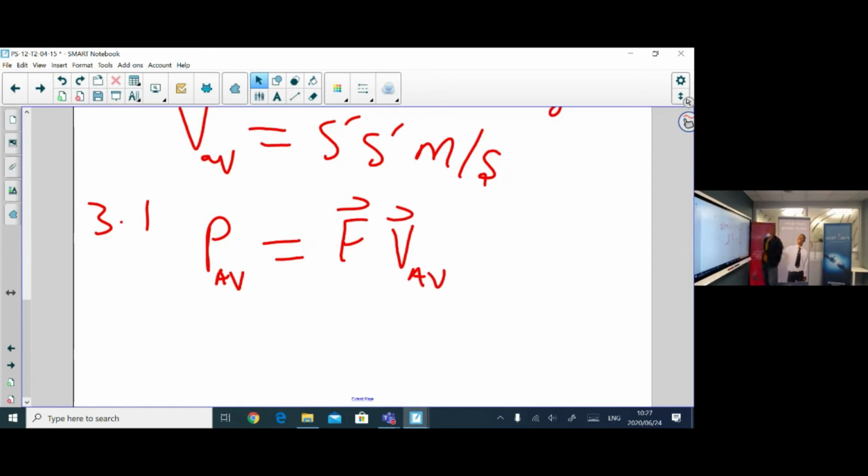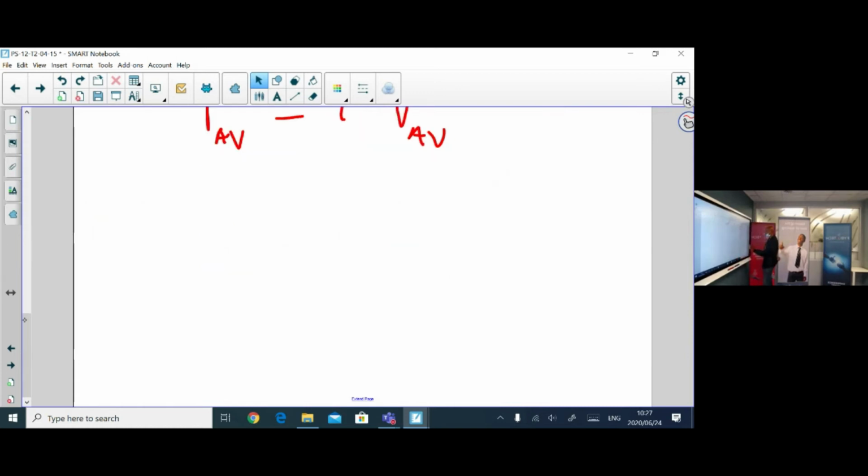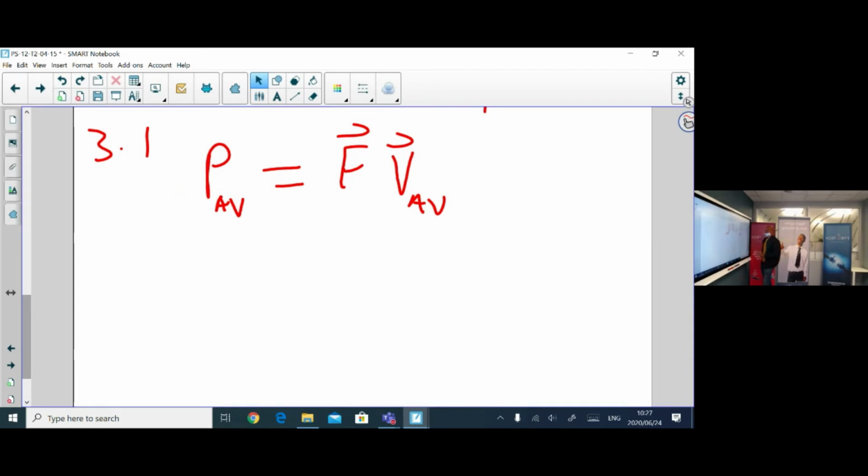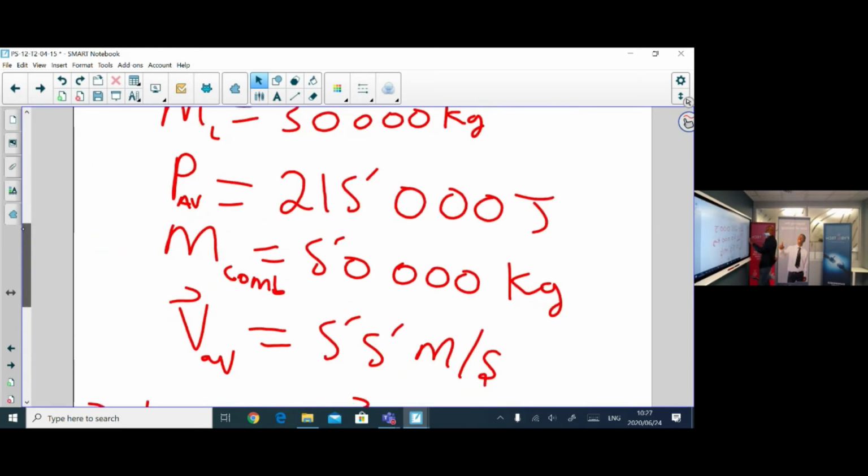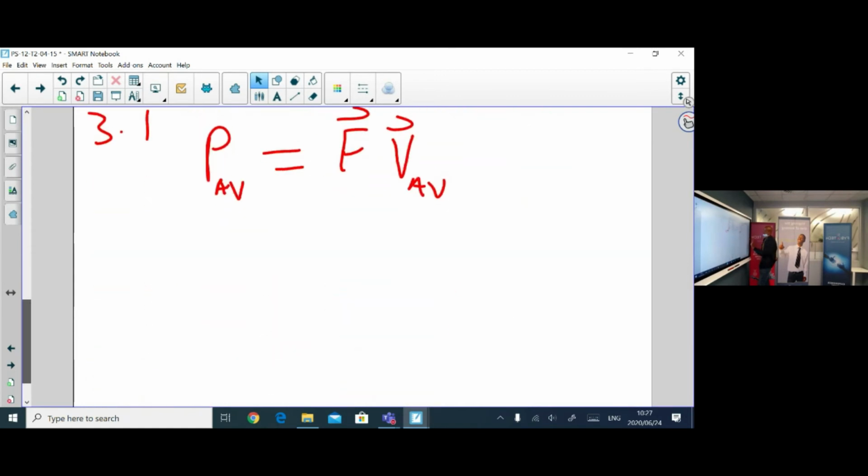This one is going to be easy for us because we have the data up there. We have been given the power output and the velocity. Now we have to substitute with their values. P average is 215 kilowatts, which is 215,000, which is equal to the force.